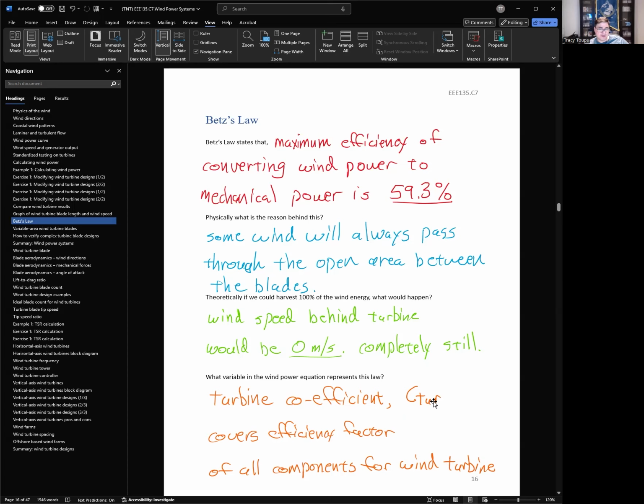So remember, this turbine coefficient has this maximum wind efficiency conversion already baked into it, in addition to all other components of the wind turbine. You have the mechanical bearings, the mechanical friction, you have the gearbox, you have the generator. Every device that power passes through, you always pay some efficiency tax, right? Nothing is 100% efficient. Everything is like 95, 98% efficient.